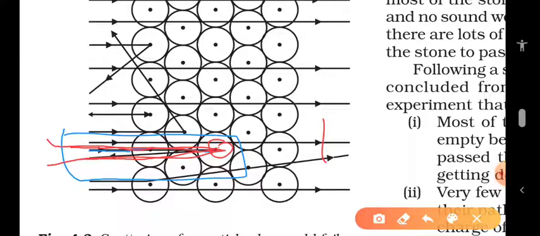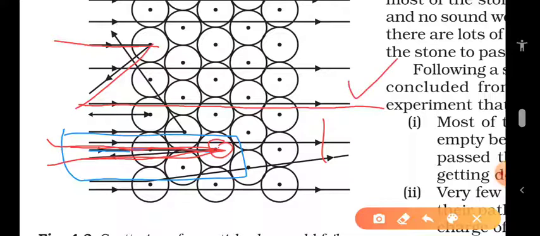Here also you can see this is going towards the center of the gold atom, and after striking the center, immediately it is coming back in a different direction. The direction differs, but it's coming back. Now take this line. Here there is no center of the atom, so this alpha particle is going in a straight line.